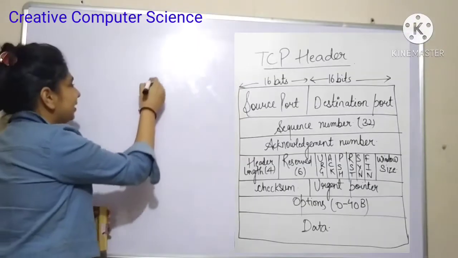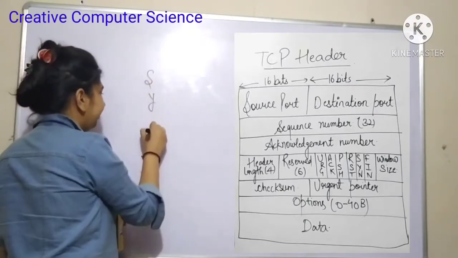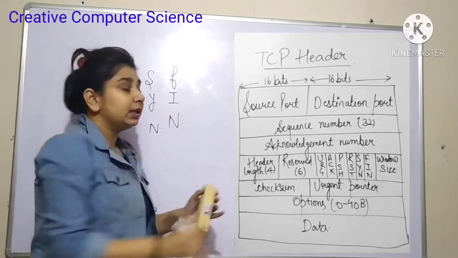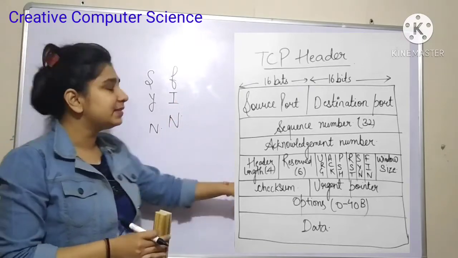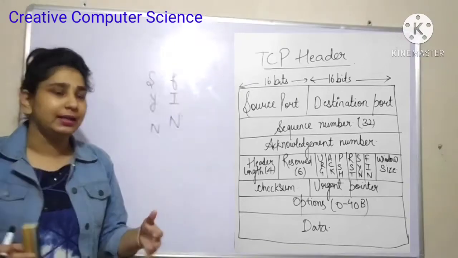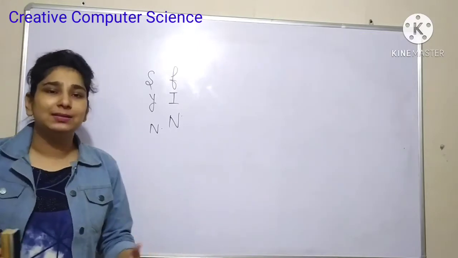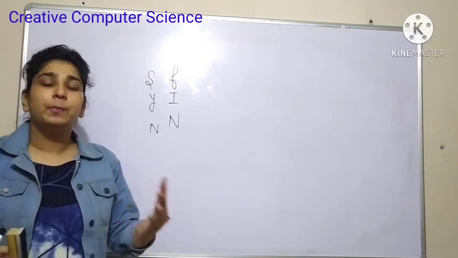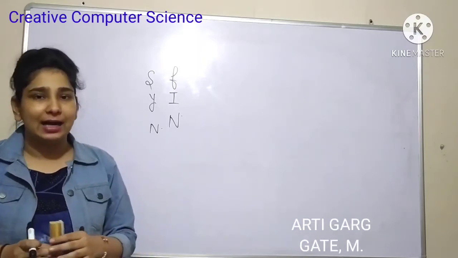Now let's discuss SYN and FIN. When sender and receiver do handshaking, they try to know each other, they try to build a connection, initially before sending the original data.